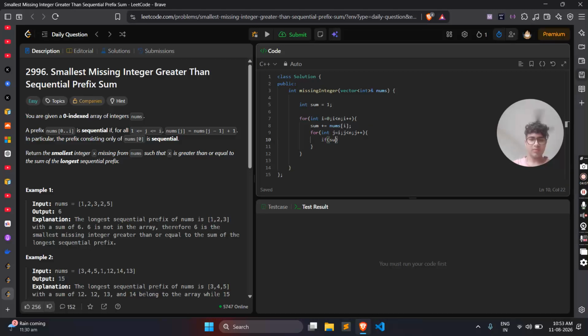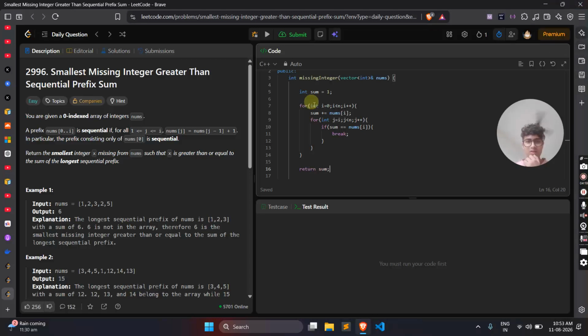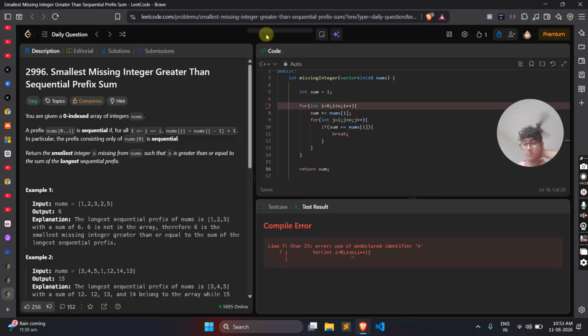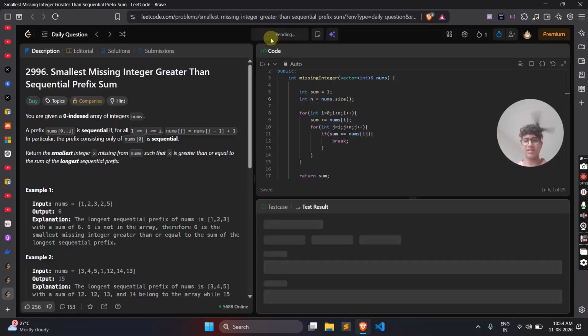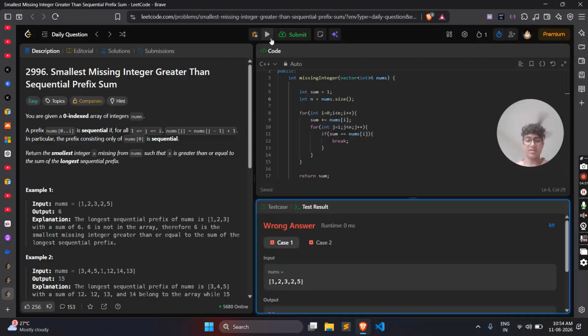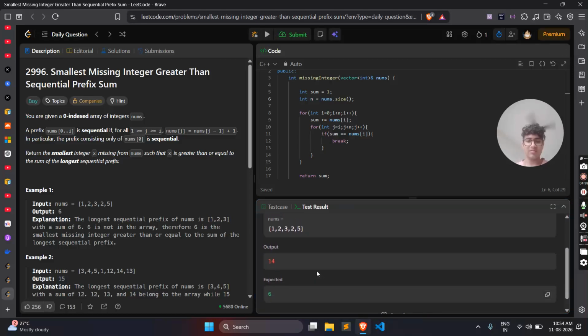If sum is equal to nums of i, then break. That is a simple thing, I guess. So what we are trying to do is, for every first element, we are adding one element and checking whether the next element is present.